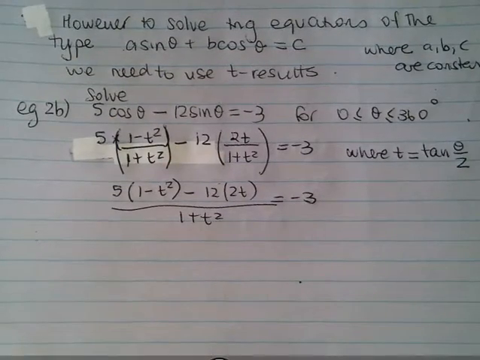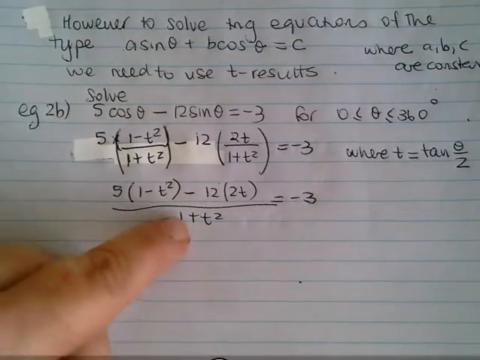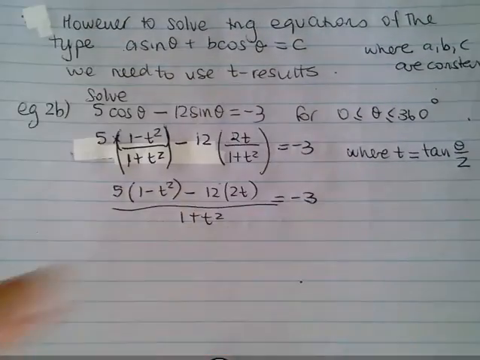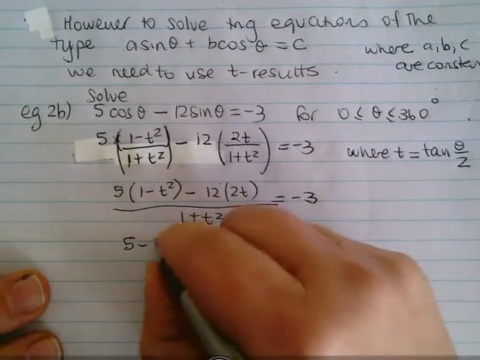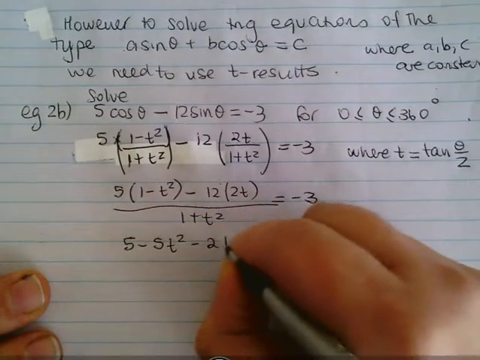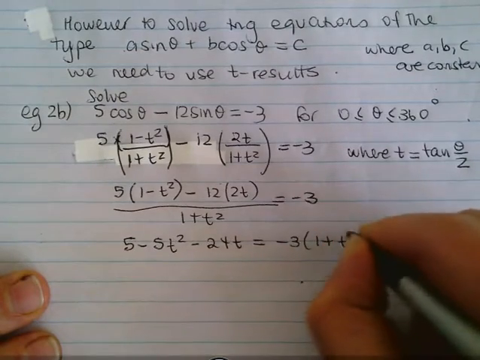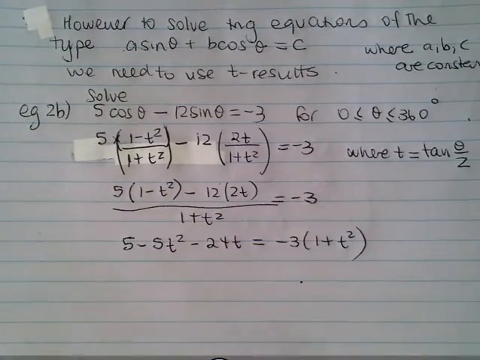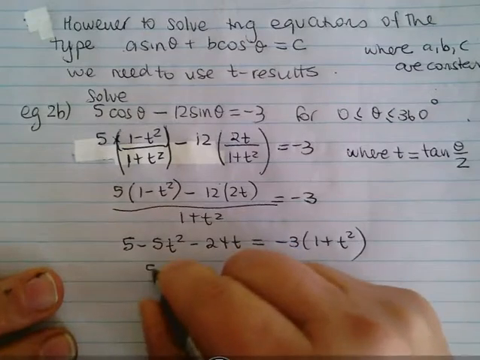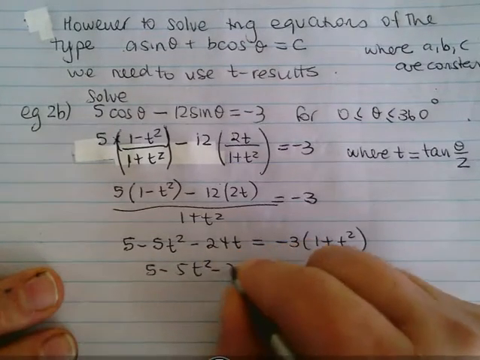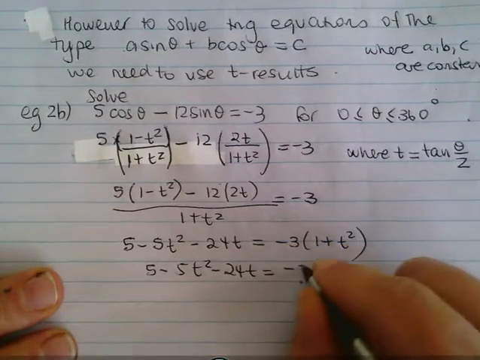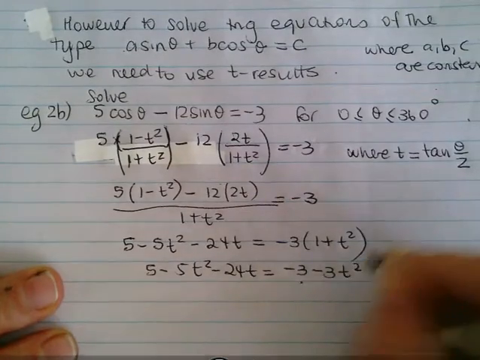Now I'm going to solve. I need to expand the numerator, multiply across there. So I've got 5 minus 5t squared minus 24t equals -3 times 1 plus t squared. I've cross-multiplied. So what have I got here? 5 minus 5t squared minus 24t equals -3 minus 3t squared.